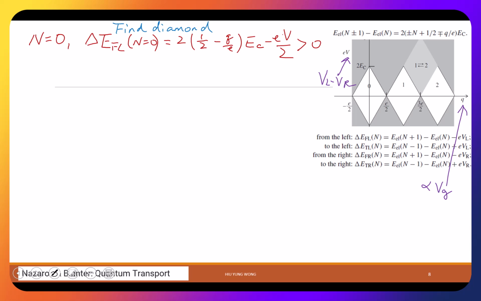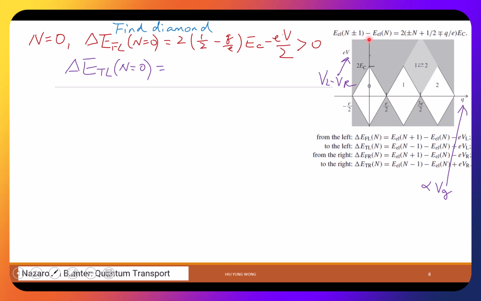Now Coulomb blockade means I also need to make sure there is no tunneling to the left when n equals 0. This n is just an extra electron, so you can have negative 1 electron, that is fine. Tunneling to the left means I have n minus 1 after I tunnel.